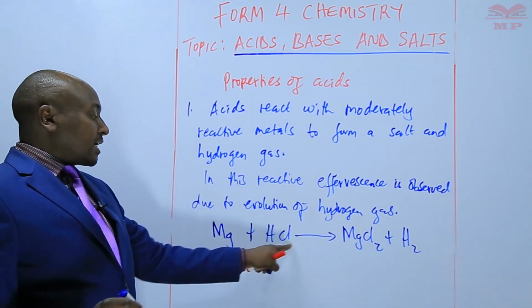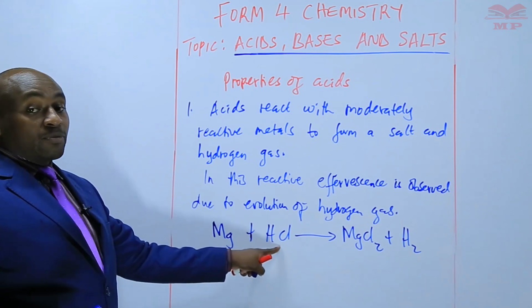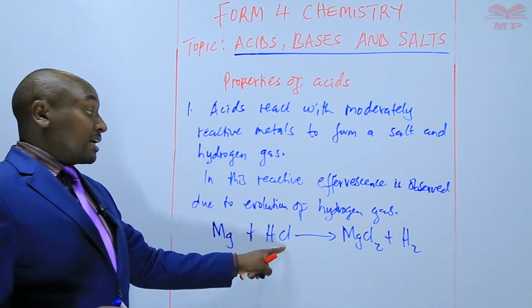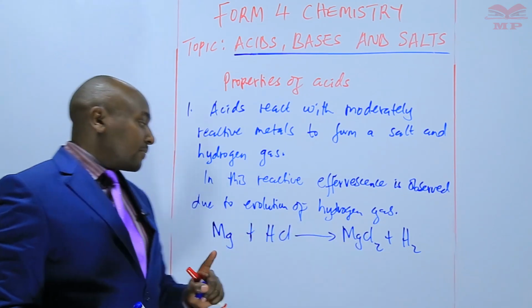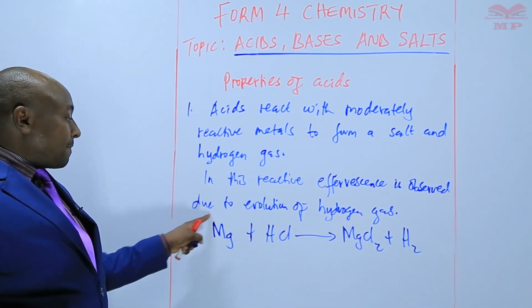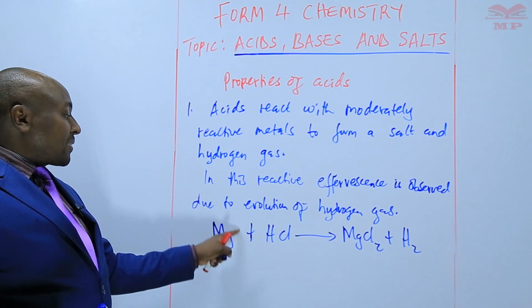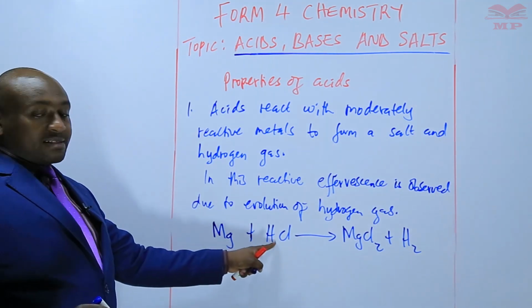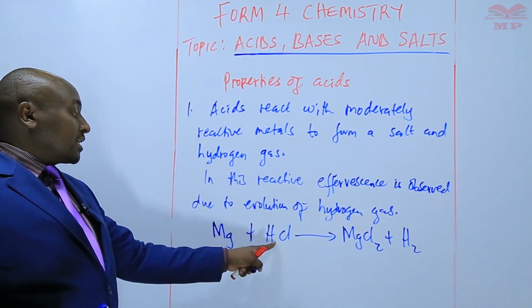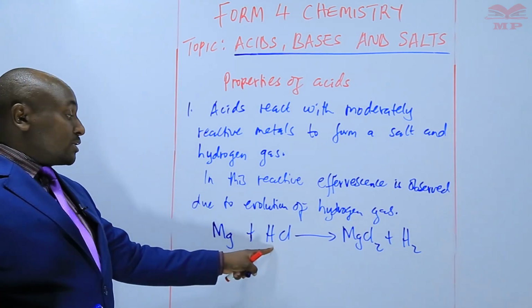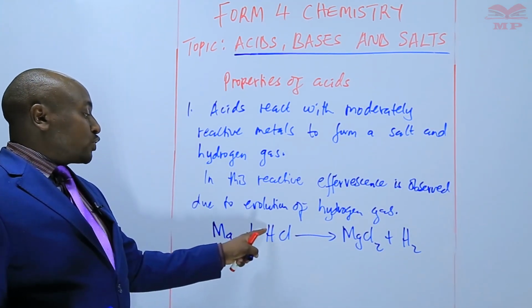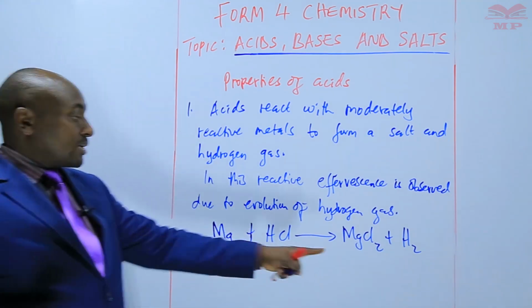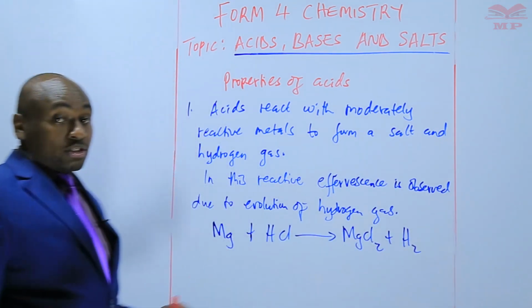So every time we are using hydrochloric acid, we get salts that are referred to as chlorides, hence magnesium chloride. So what has actually happened here is that the magnesium has replaced the hydrogen in the hydrochloric acid so that we have formed magnesium chloride. And then the hydrogen that has been displaced is the one that forms the hydrogen gas.